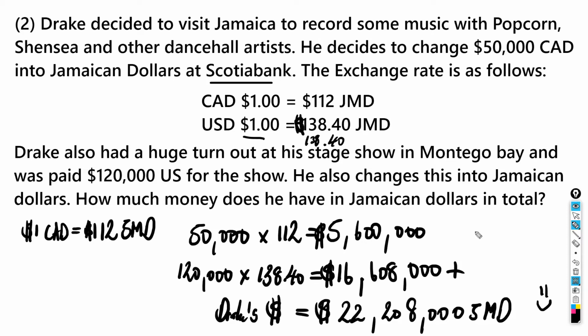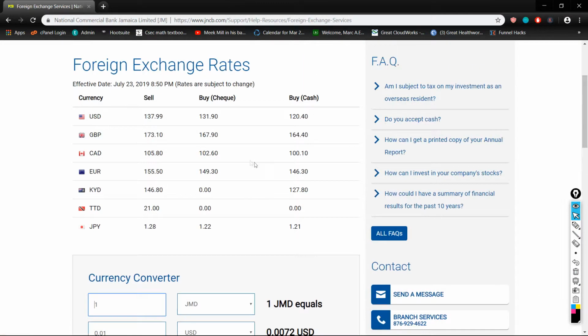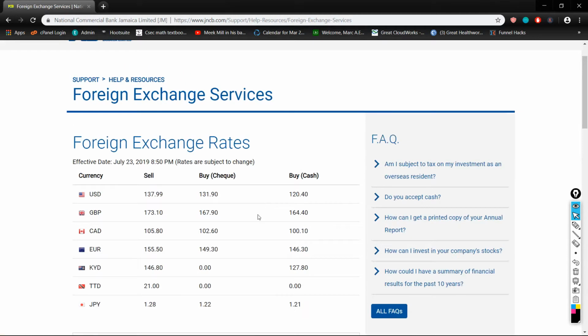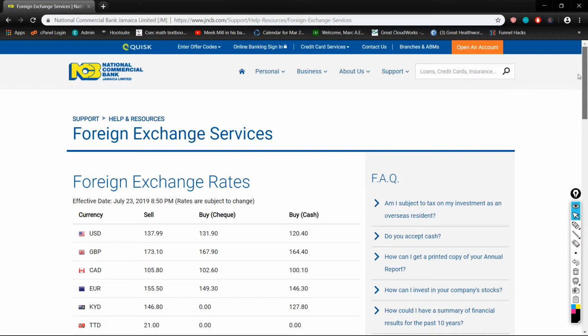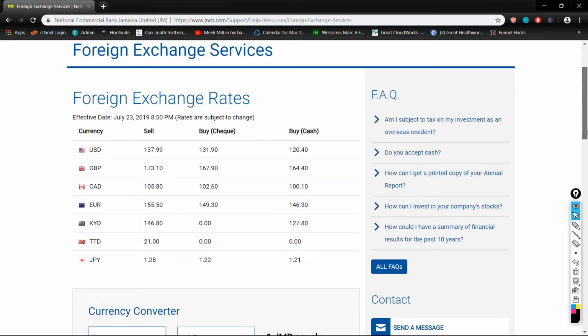All right, so great. Let's just move on. I'm going to give you a real life example now, guys. It's always good to give a real life example, right? So we're here on NCB's website, National Commercial Bank, and we're seeing here that NCB is actually selling US dollars for 138, right?